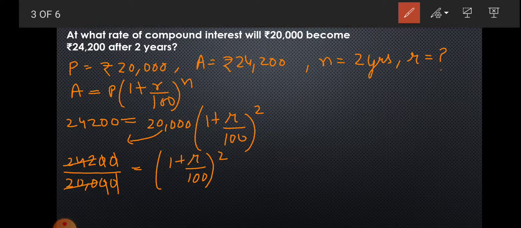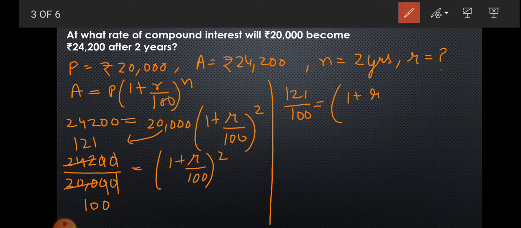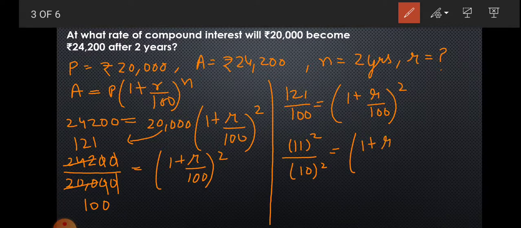Solve this side, we get 121 by 100. Now 121 by 100 is equal to 1 plus r by 100 raised to the power 2. 121 is the square of 11 and 100 is the square of 10. Comparing both sides, we get 11 by 10 is equal to 1 plus r by 100.